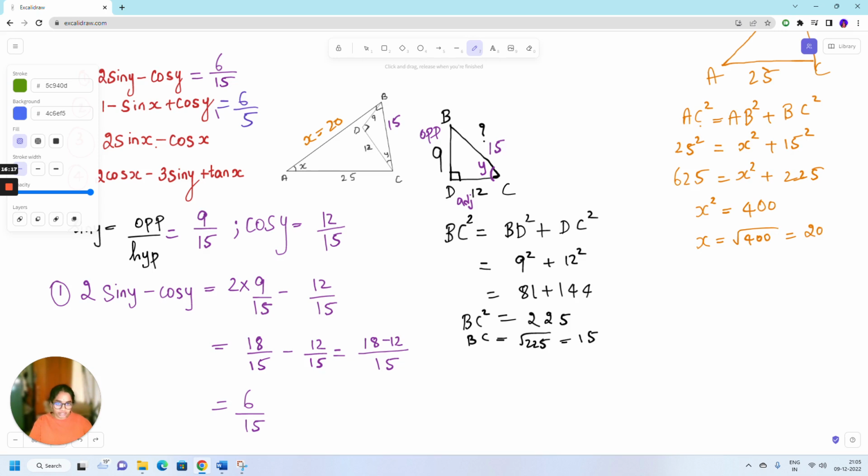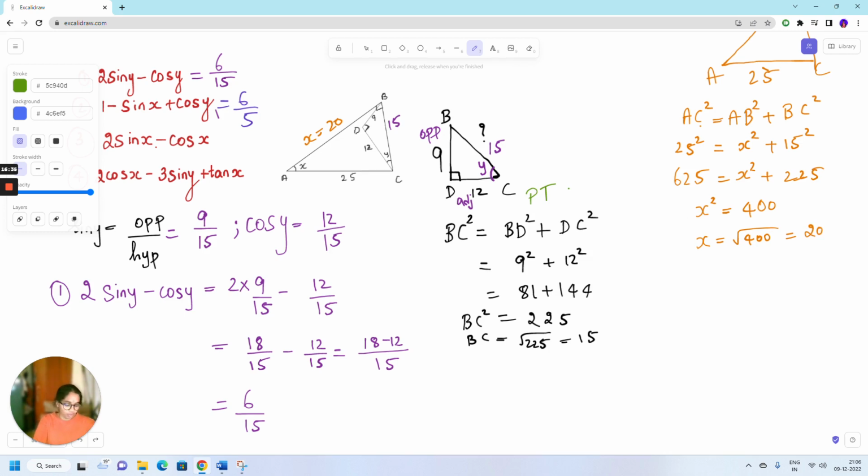The right angle triangle was at D. We had the sides 9 and 12. We found the hypotenuse using the Pythagoras theorem. We found that the other side was 15.